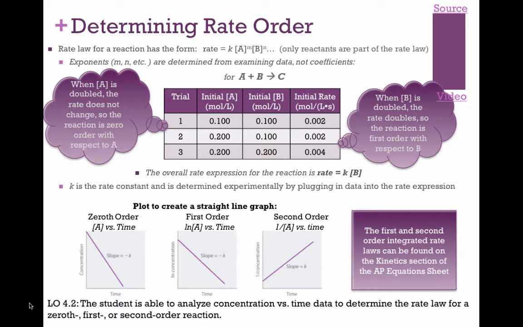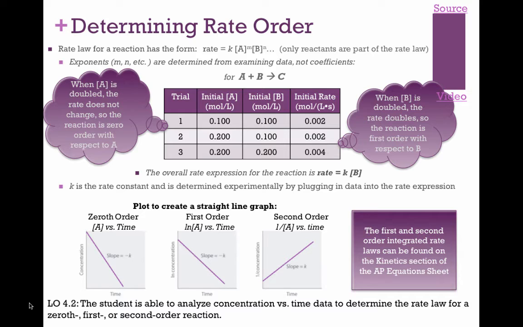If you look at B, keep A constant. When B doubles, the rate doubles. That's first order. So if we wanted to write the overall rate law, or the rate expression, it's just rate equals k times the concentration of B. We don't include A because it's 0 order. And then we could find the rate constant. We could plug in some numbers, use the data, and use the rate law to find k.